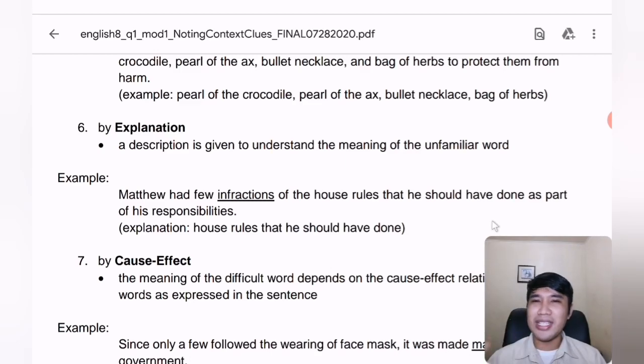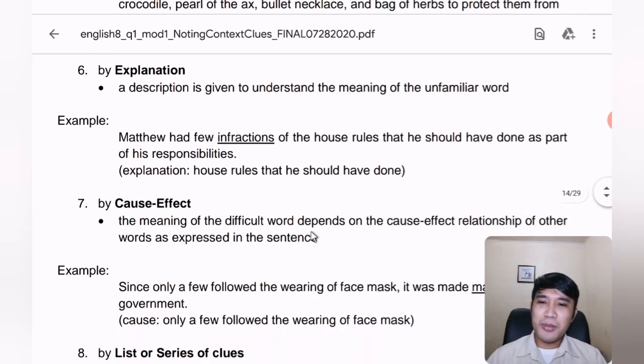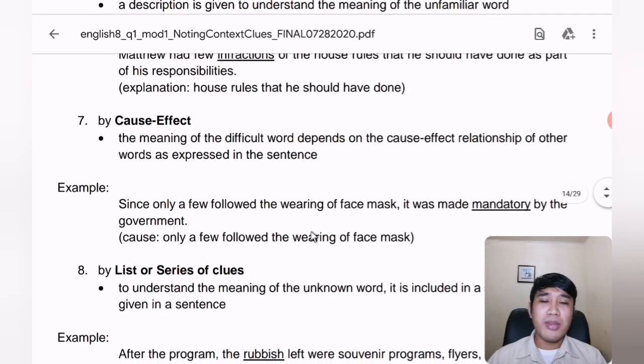That is by explanation. Number 7 type of context clue is by cause-effect. In the previous years, you have learned cause-effect relationship. Cause being the reason and effect being the result. So the meaning of the difficult word depends on the cause-effect relationship of other words as expressed in the sentence.